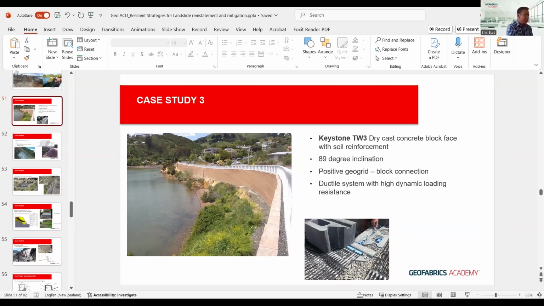But what I can tell you is that for this type of system, the segmental block wall system, particularly the TW3 with the mechanical connector, one construction team, i.e. 3 persons plus compacting machinery and a digger, can do about 25 to 35 square meters a day. I hope that gives you an idea of how quick this type of production is.